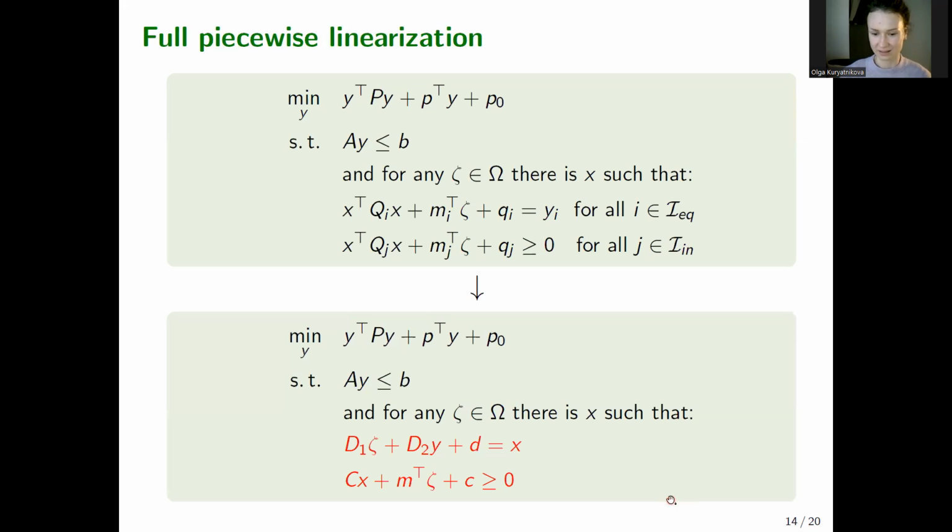So I would get something like this, where D1, D2, Cm are all just parameters. My variable is still y. Here, this x, I can still substitute. I can absolutely do the same as I did before. And moreover, the approaches are analogous, because you can always say that this is equal to some state variable z, which is equal to this, and then you have an inequality that z is non-negative.